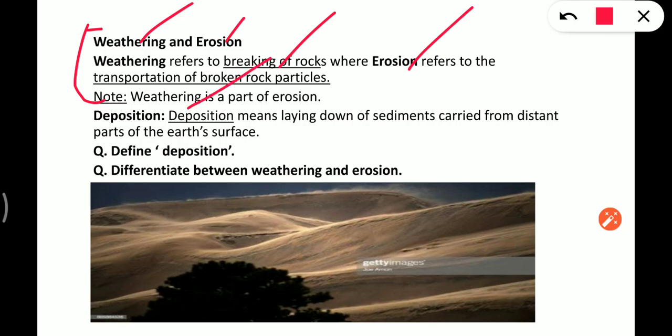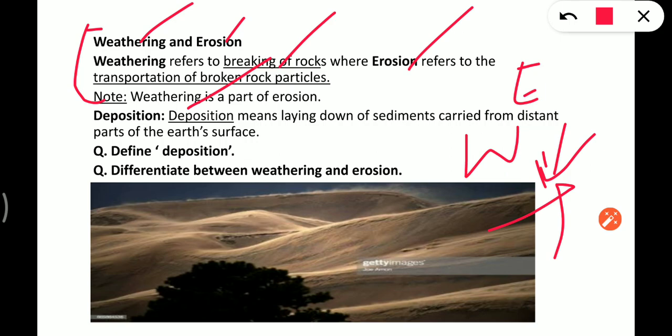Weathering is a part of erosion. First of all weathering happens, meaning soil particles break, and then they are transported to a new place.